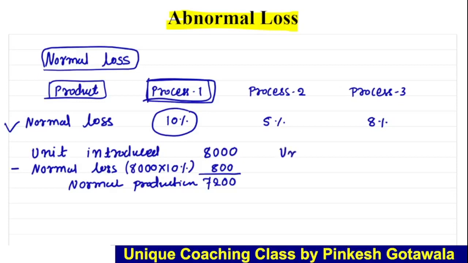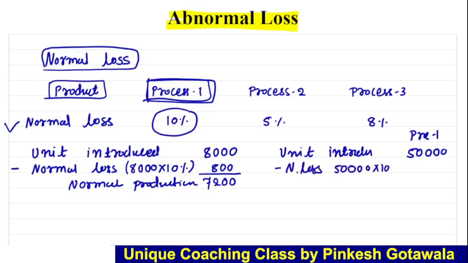Suppose they introduce 50,000 units in process 1. I am talking about process 1. So how much production will they normally get? They know that there will be normal loss of 10%. In process 1, 10% loss does occur, so 5,000 will be lost.